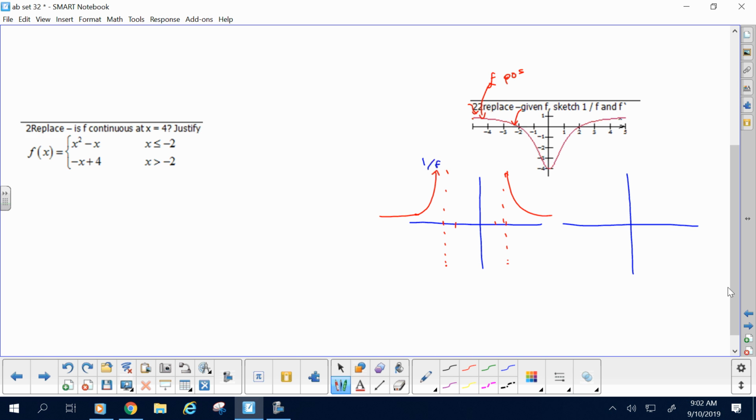By the same token, down here is negative, yeah? So 1 over small negative is big negative. What's the highest it goes? What y value is the highest it goes to? Negative 1/4. The reciprocal of negative 4 is negative 1/4. Okay? So that's the graph there.